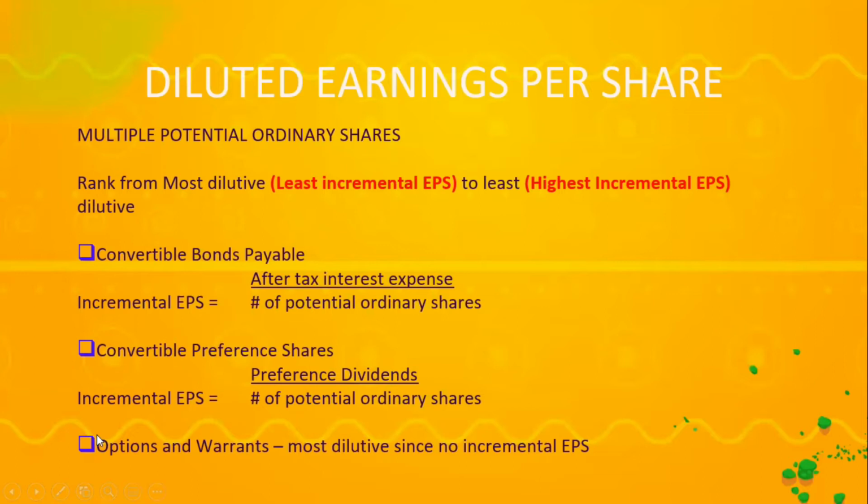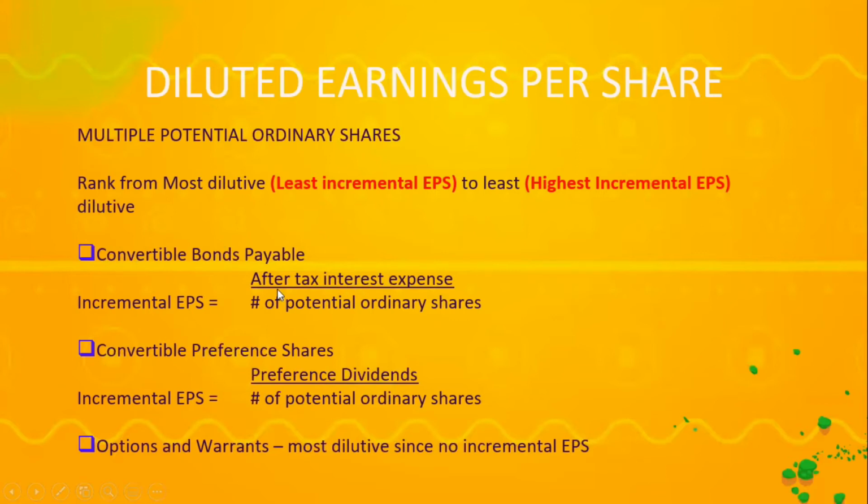Kaya ko siya inuna kasi I wanted to highlight that this should be dealt with first, kasi this will have the least incremental EPS for the obvious reason that there's no incremental EPS. Now, how to compute the incremental EPS for convertible bonds payable?